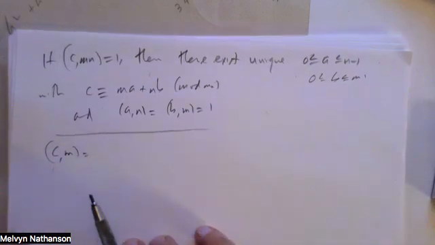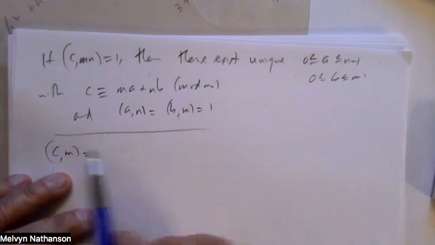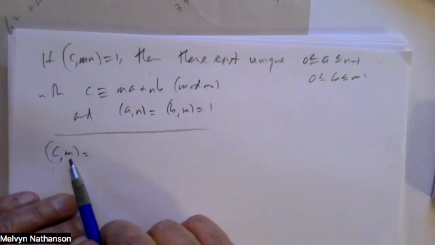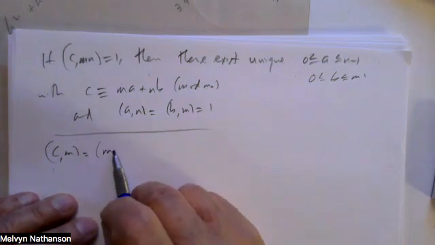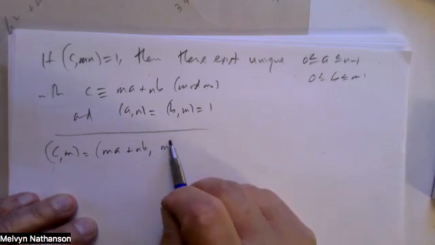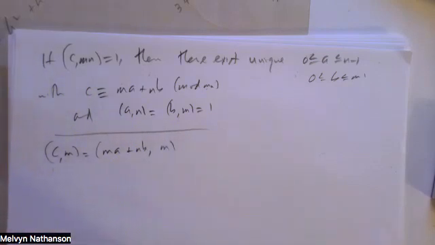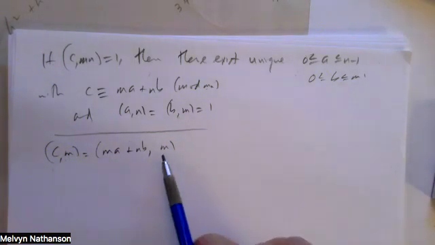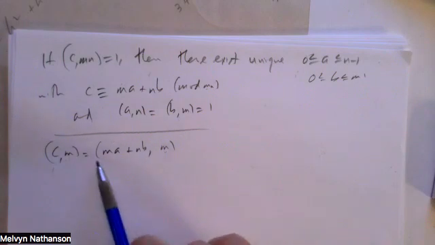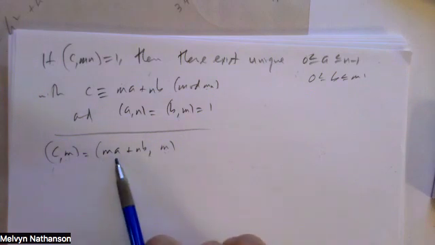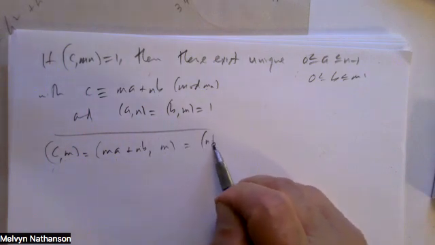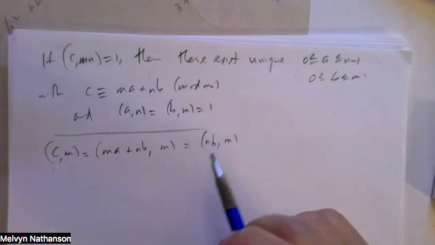Let me do it the way I did it in the text. So if C is congruent to MA plus NB mod MN, the greatest common divisor of C and M is going to be the greatest common divisor of MA plus NB with M. Now, if this greatest common divisor is D, then D divides M and it divides this. If D divides M, it divides MA, so D is going to divide NB. So this will be the greatest common divisor of NB and M.